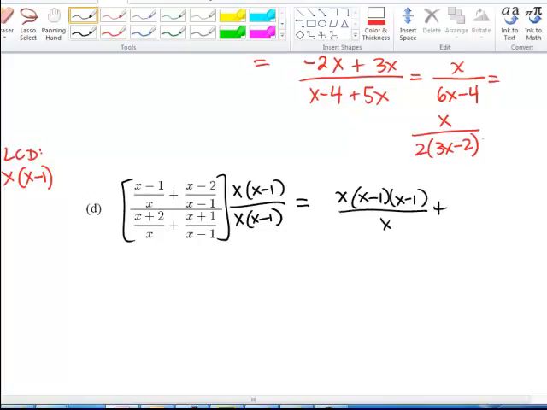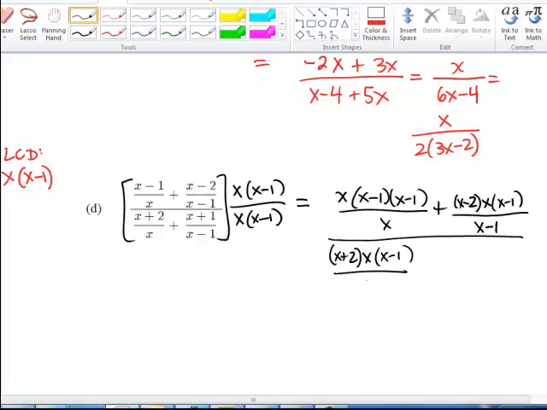Then we'll have x minus 2 and x minus 1. And the denominator will have x plus 2 and x minus 1. And x plus 1 and x plus 1.